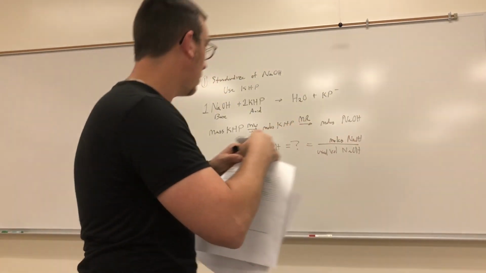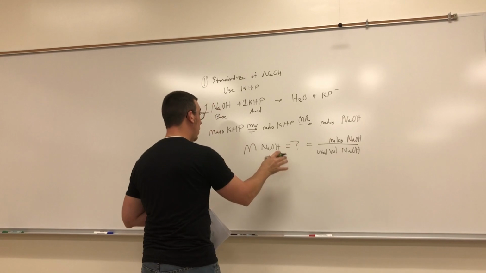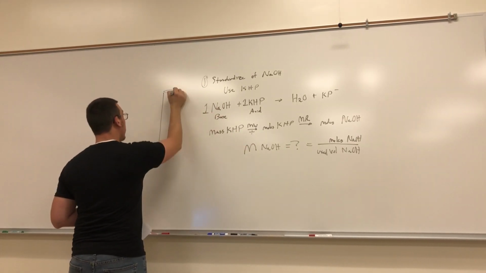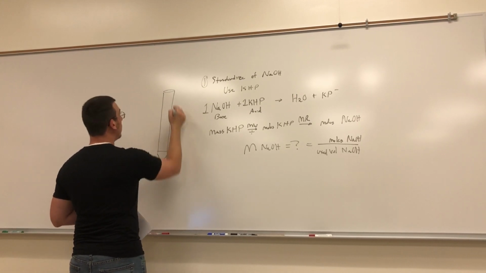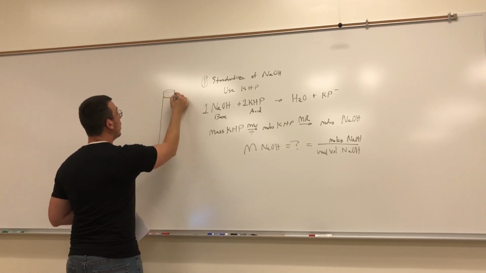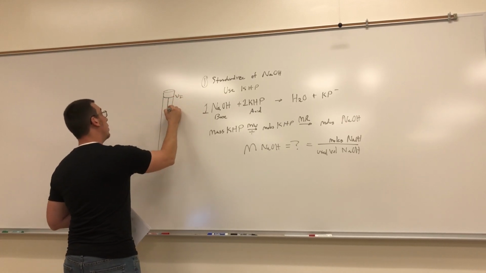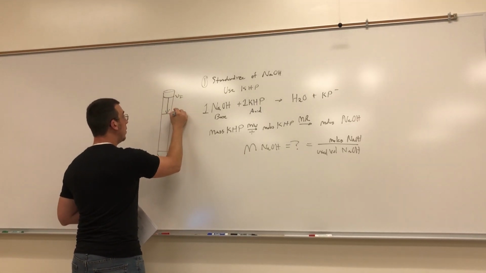All right, now the way that we figure out the volume of HCl is that we use the burette. With the burette we had an initial volume of the sodium hydroxide. We did the reaction, and then we ended up with a final volume.